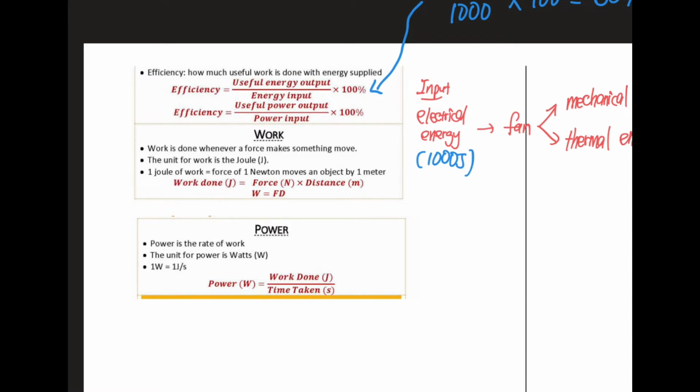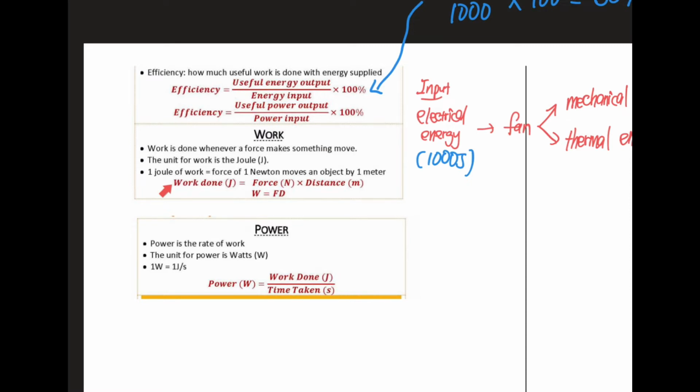It must make it move, because our formula for work done involves distance moved. Work done equals force times distance moved by the object which experiences the force. So work done equals force times distance is the formula. If there is no distance moved, if it's not moving, then no work is done.